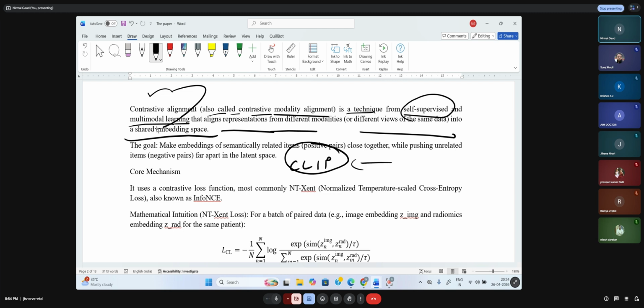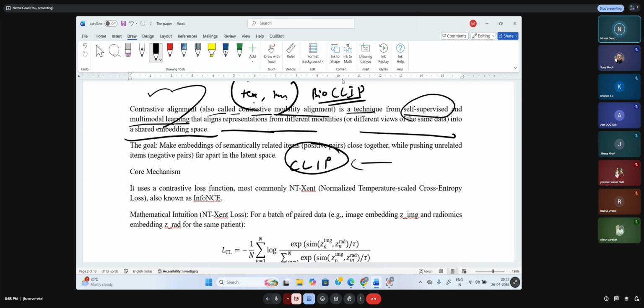Multimodal means a model which is trained on text also, images also. We do have such models where text and images both are taken, a huge model. For example, for medical we have BioCLIP, something like that.